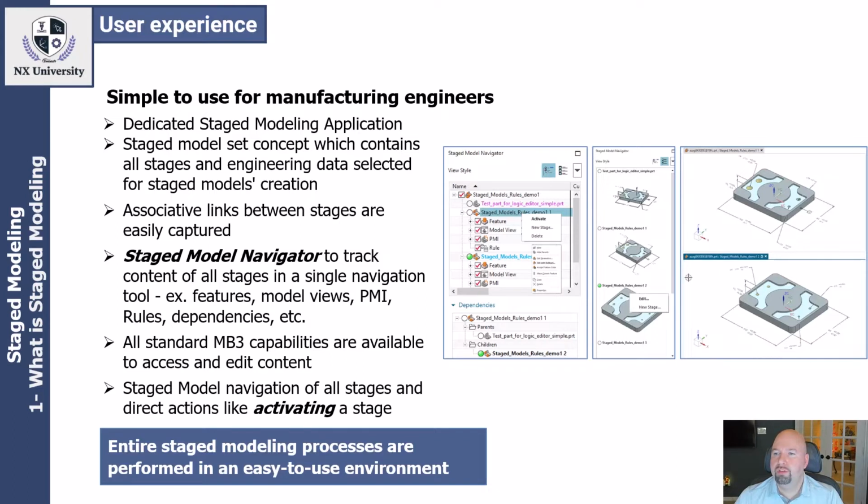Over to the far right, you'll see a couple of windows that are stacked there. As you start to create additional stages here inside the software, it's going to open up another window, and you can use the multi-window setup inside of the NX application to see all of your stages and parts side by side here inside the same window.